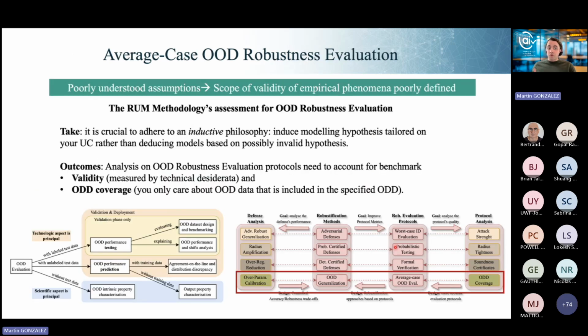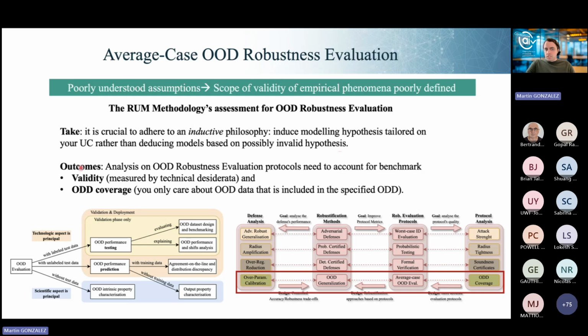Because it means that we're not understanding a bunch of assumptions. So the takeaway here is that it's crucial to adhere to an inductive philosophy to induce modeling hypotheses tailored to your use case. Is this benchmark of spurious correlations actually valid in, or compatible with, the kinds of spurious correlations I have, rather than deducing models based on possibly invalid hypotheses.